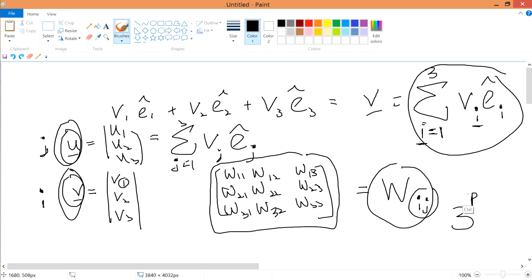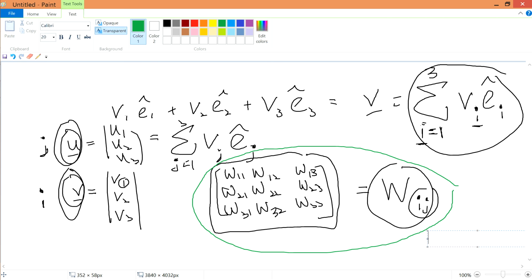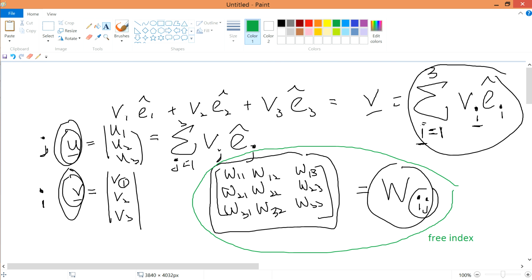This is a very powerful understanding. This whole thing, in terms of i and j, we can call the free index, because they are independent.